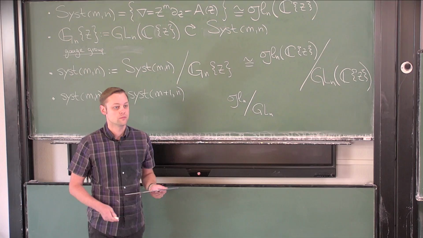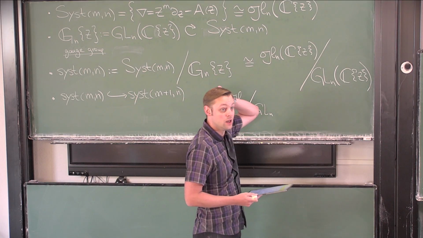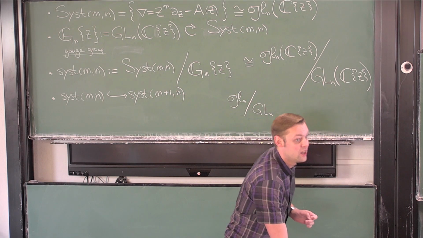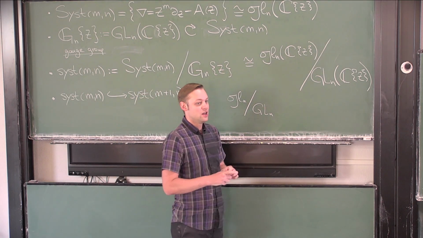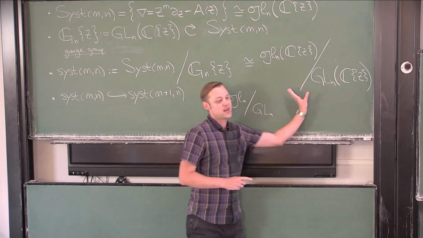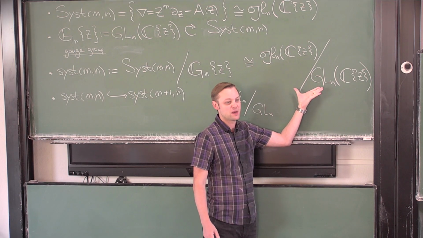So just to be clear, in that Jordan normal form you just mentioned, you're saying it's power series in z with coefficients in Jordan normal form, or entries are... No, it is more. I'm drawing an analogy. I'm not saying that this quotient is the space of Jordan normal forms.